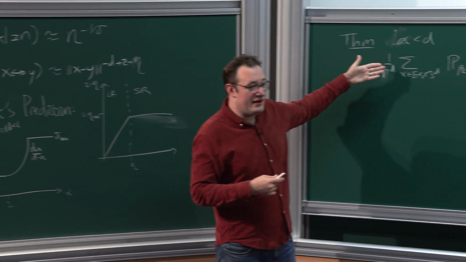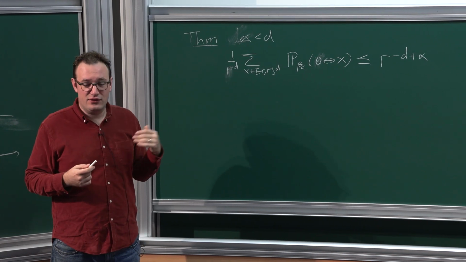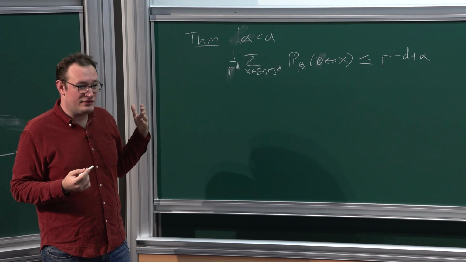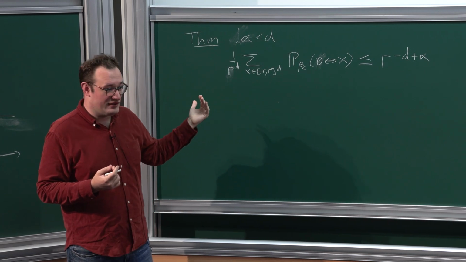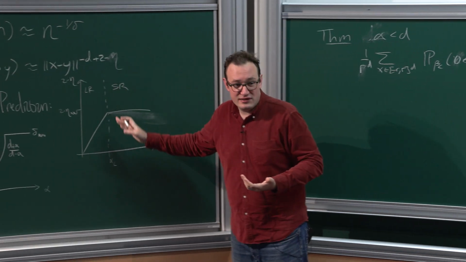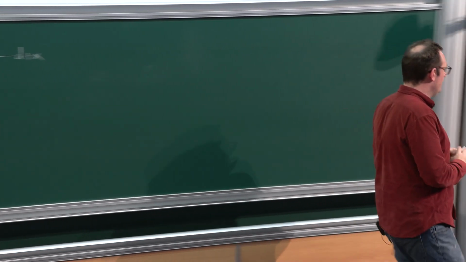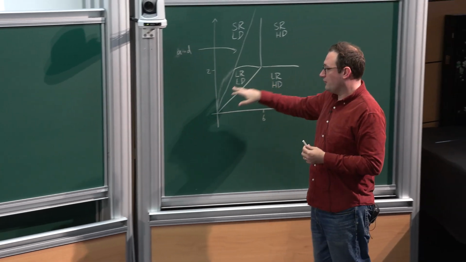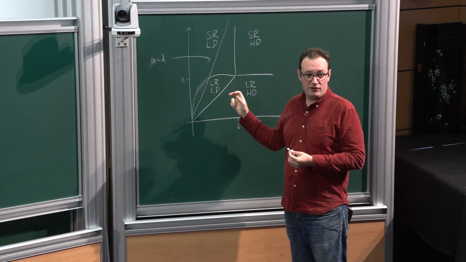This is also the behavior of the 2-point function in the mean field regime, when alpha is less than d over 3, which is what we've mostly been discussing so far, where this is like the Green's function for the Levy process. But the prediction is that it also persists into this non-mean field regime here, where you're effectively long range but low dimensional.